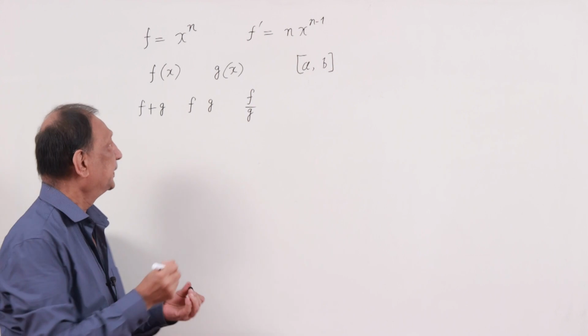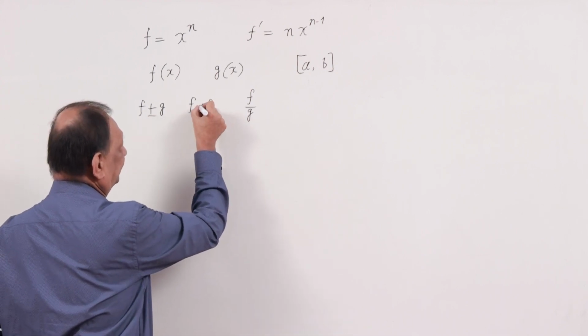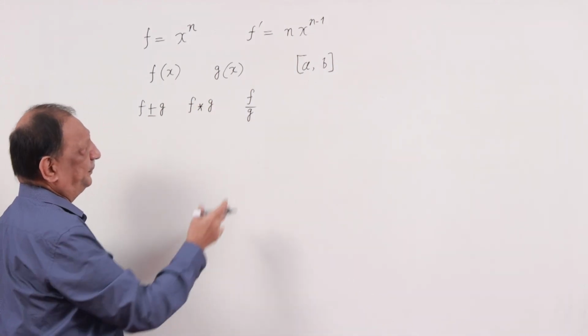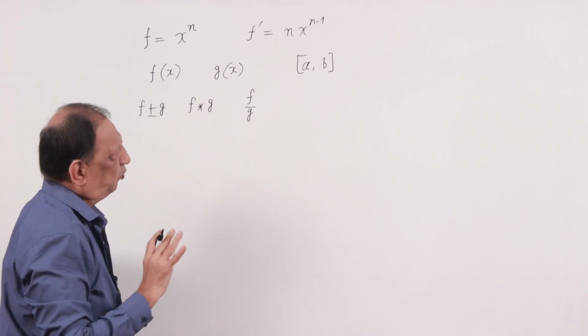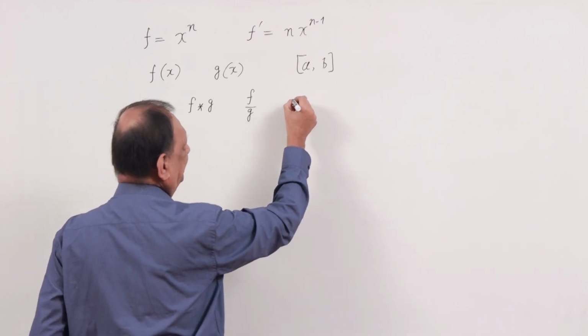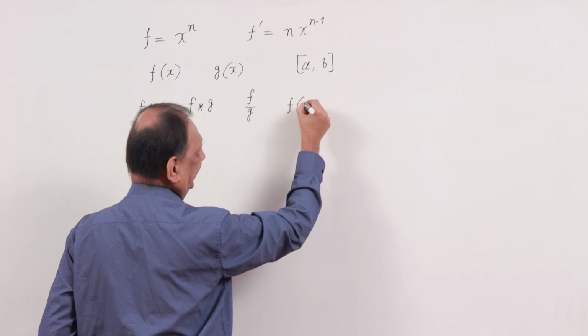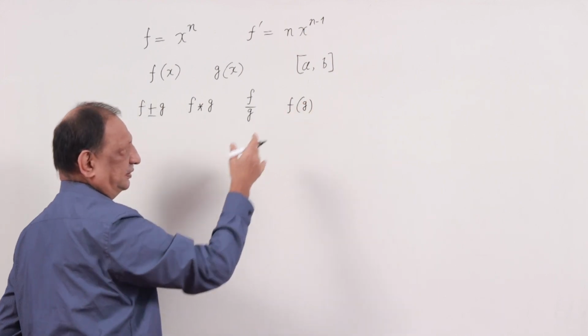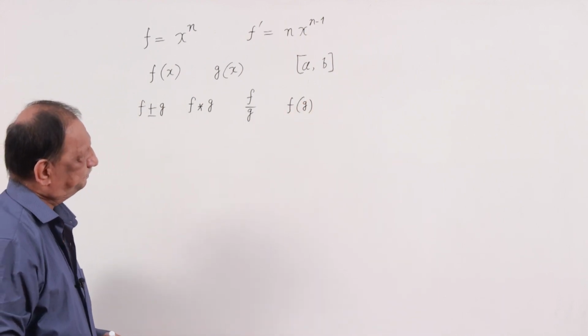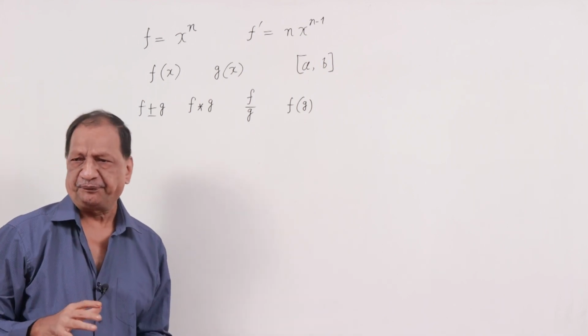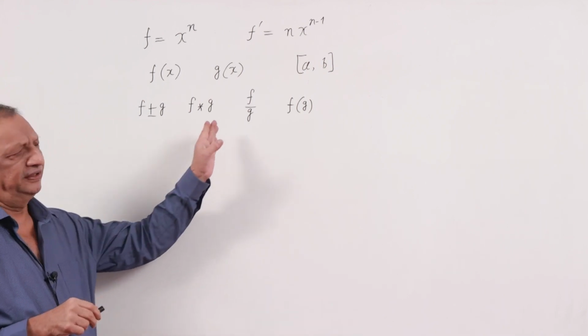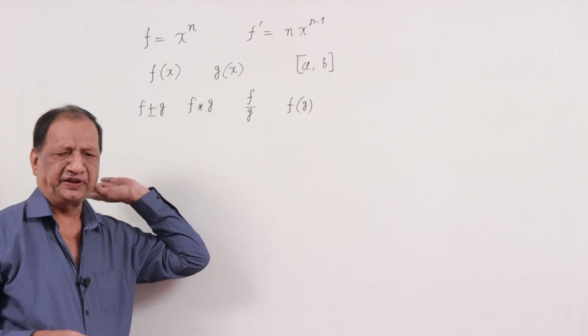Then we have f star g, that is, we multiply. Then we have a quotient. One last type is known as a function of a function. Let me talk about that a little later. And we would like to see if we can find derivatives of these.